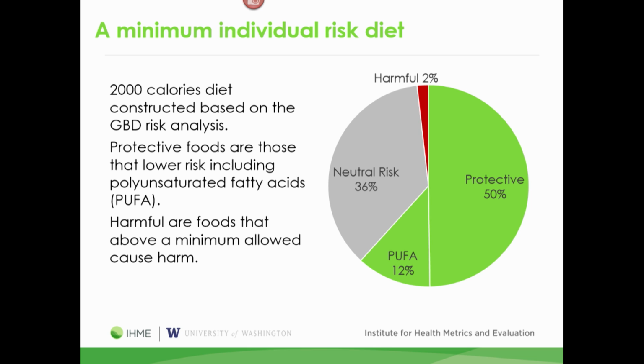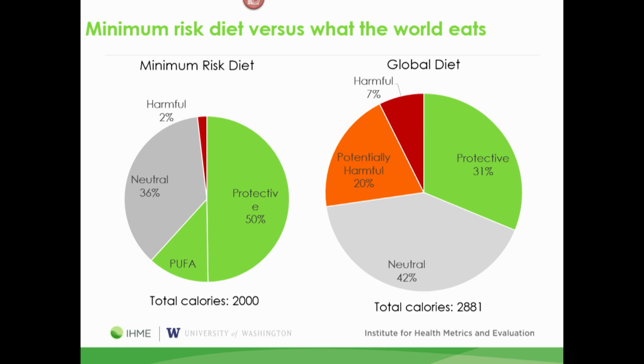And this is what you get as a composition of a diet based on the epidemiological data. But this is what the world actually has available. So on the left is the minimum risk diet, 2,000 calories in the various groups. And on the right is the world's caloric availability. So remember, this is just what's available for human consumption.